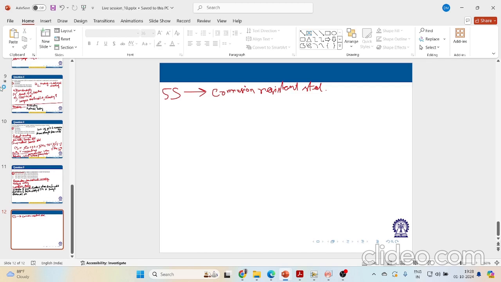These corrosion resistant stainless steels are used as the main structural component. Whatever I will be talking about right now will be focusing more on heat affected zone phenomena, whatever will be happening in the heat affected zone of welding in stainless steel.